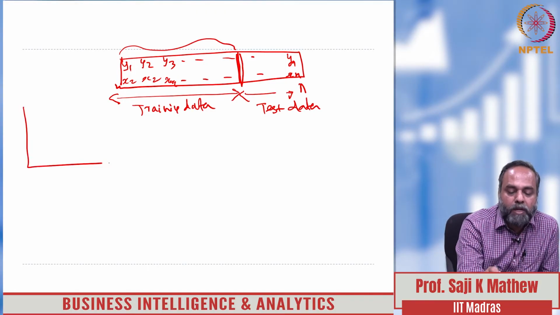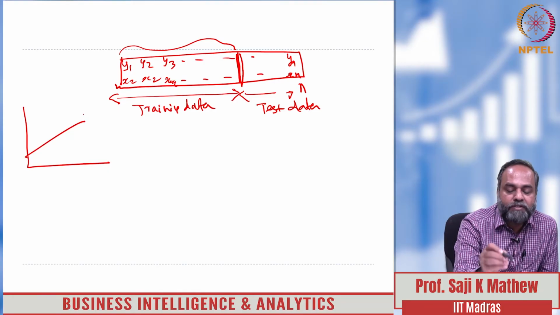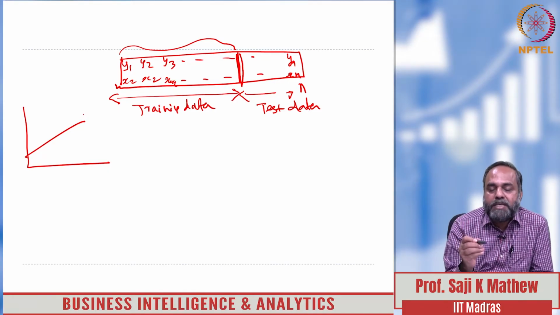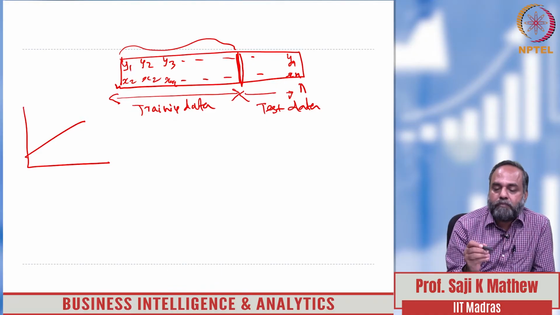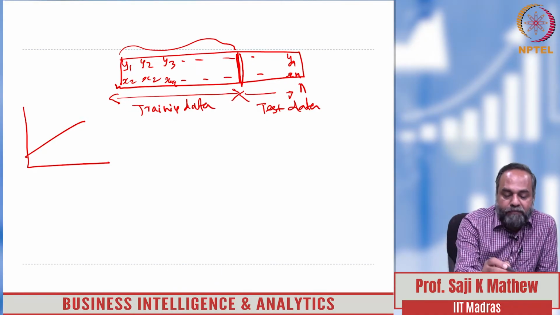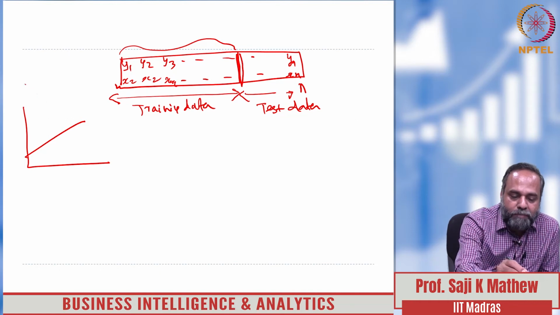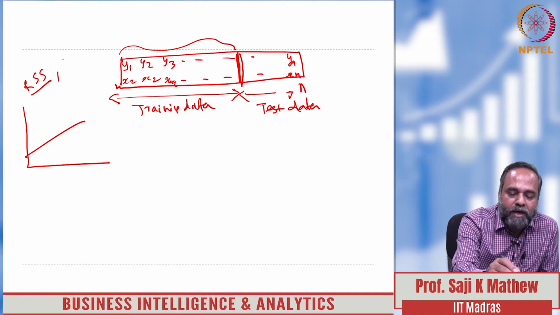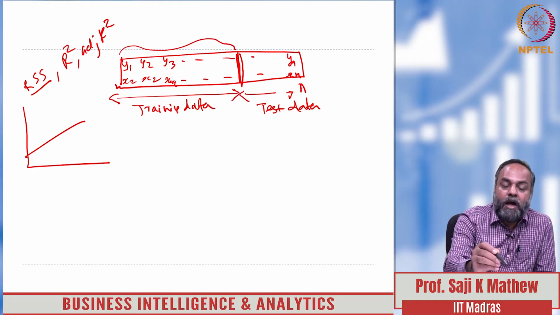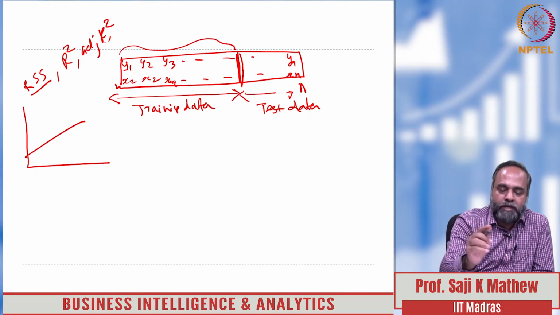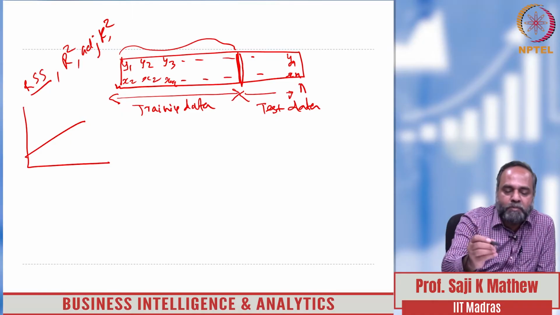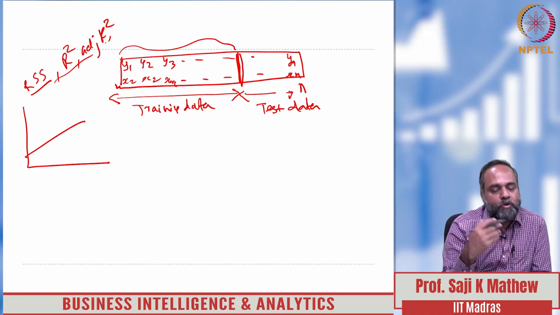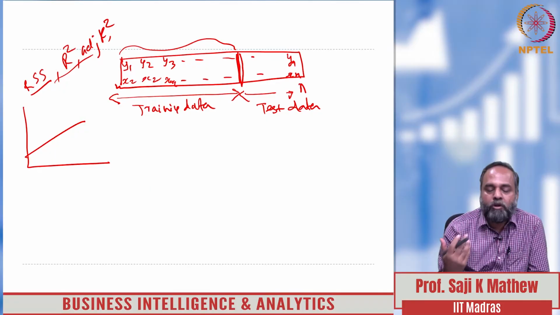I build the model and my model is fit. I get my b and c estimated using this data set. Now what do I do? I can of course calculate my residual sum of squares. I have my measures like R squared, adjusted R squared, and so on. I also do significance tests to comment on the model's generalizability. So these are measures I use to comment on the goodness of fit.